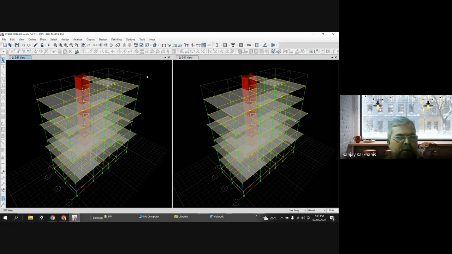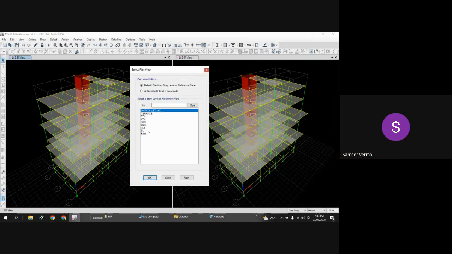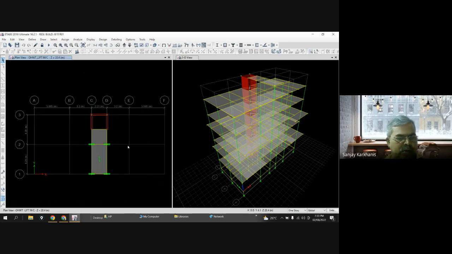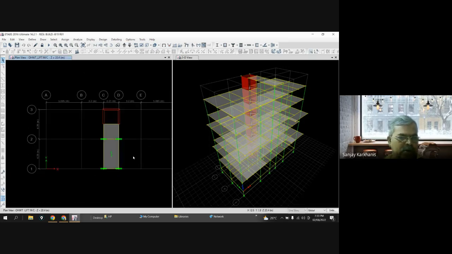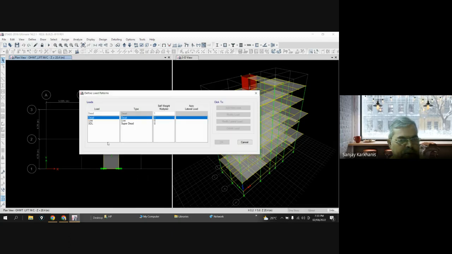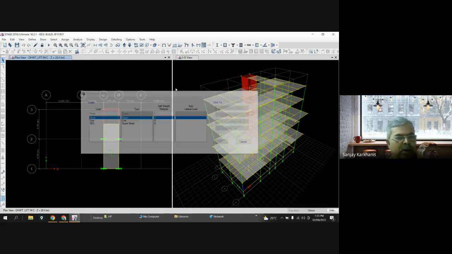I think this is the model that we were looking for. If I go to the load patterns, yes, this is the model, definitely.